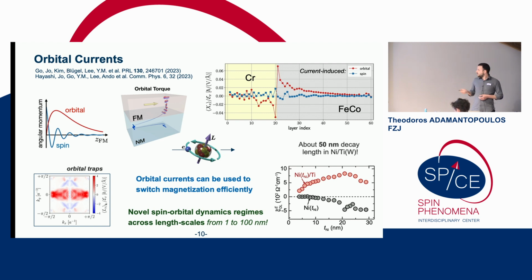Additionally, experimentally, there is a recent report of 50 nanometer decay length for the orbital angular momentum in nickel, titanium, tungsten bilayers. And these both are indications that we may have novel spin orbital dynamics in regimes which can reach length scales from 1 to 100 nanometers.